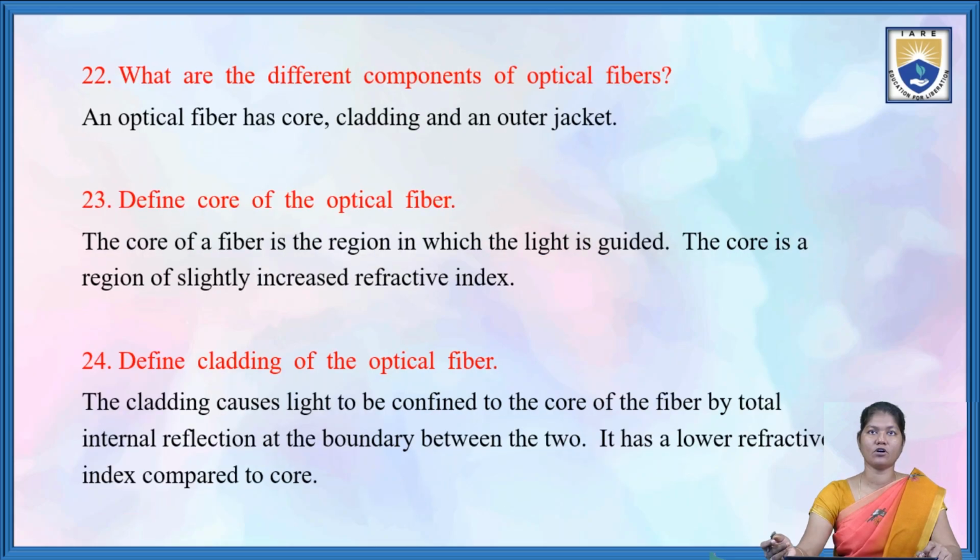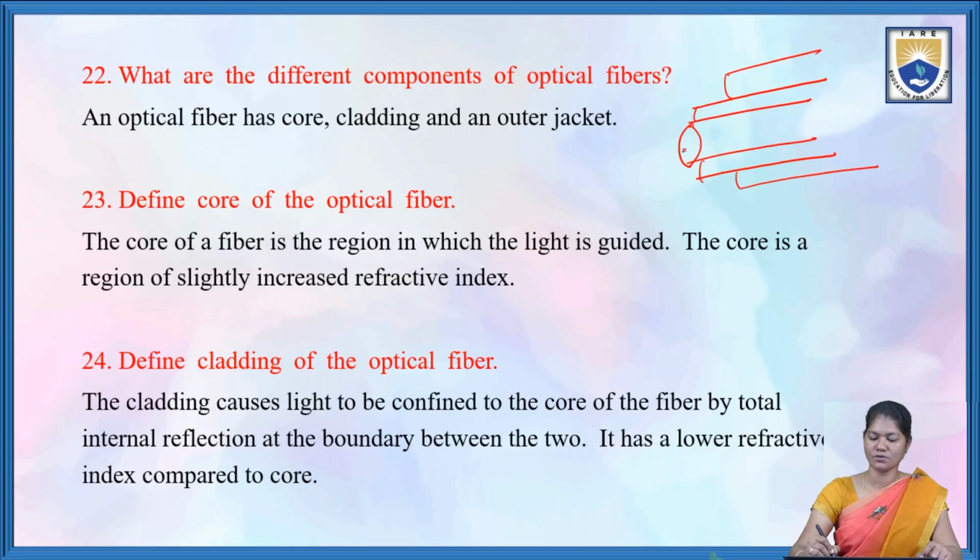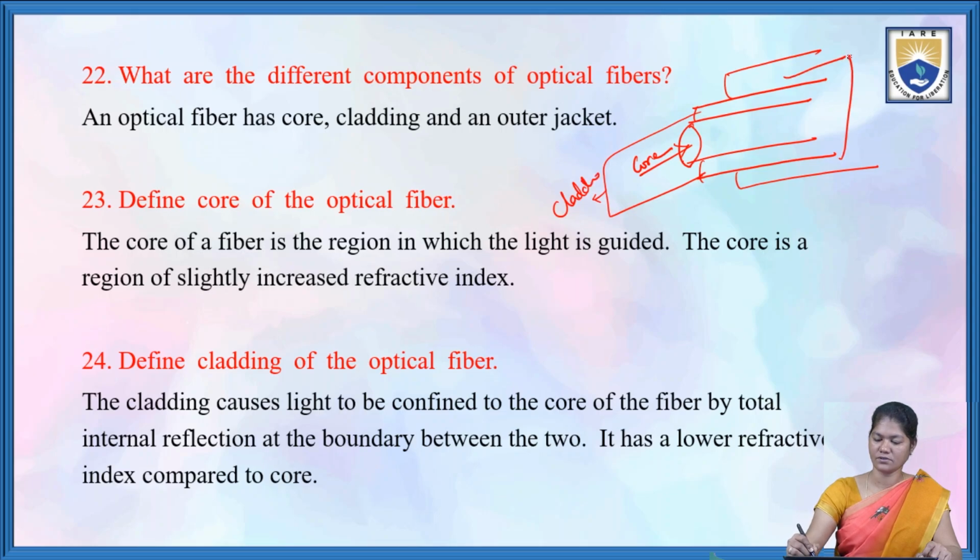What are the different components of optical fibers? An optical fiber has a core, cladding, and an outer jacket, or buffer jacket.